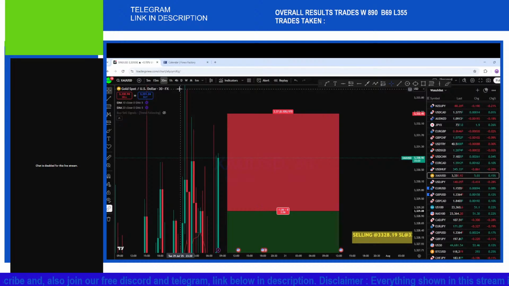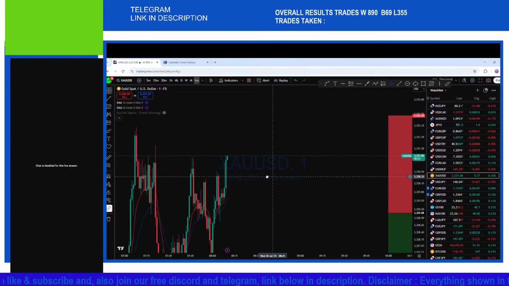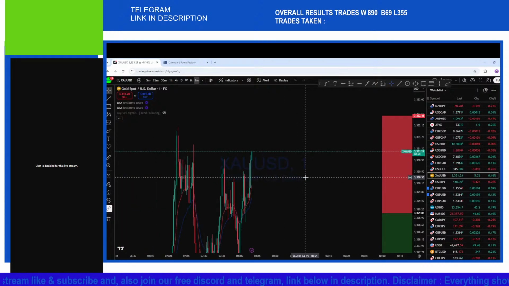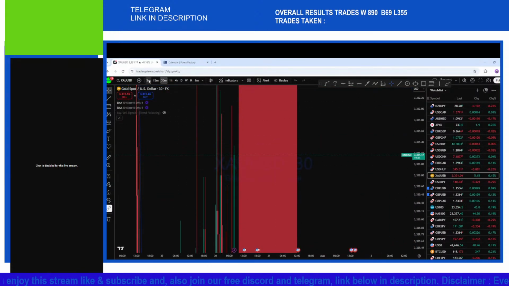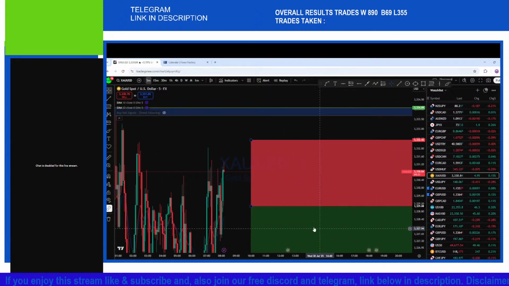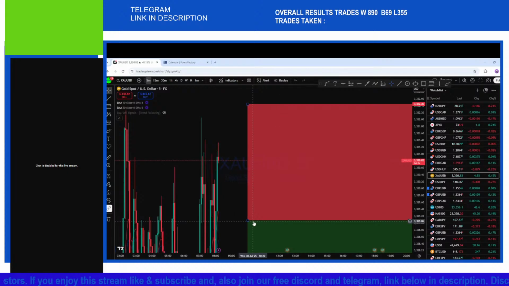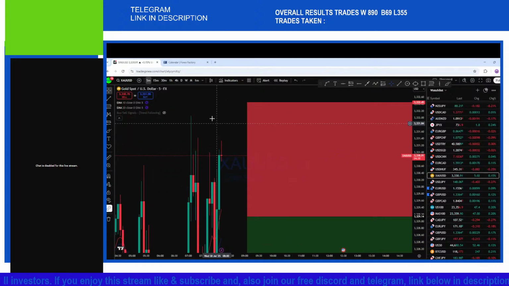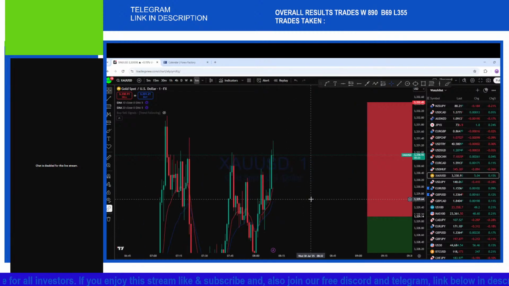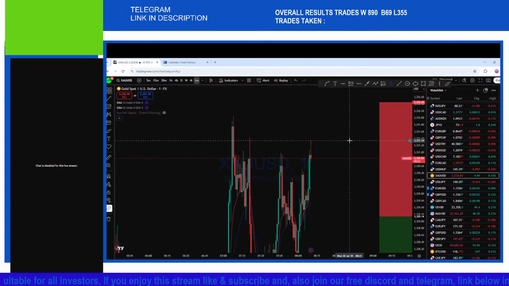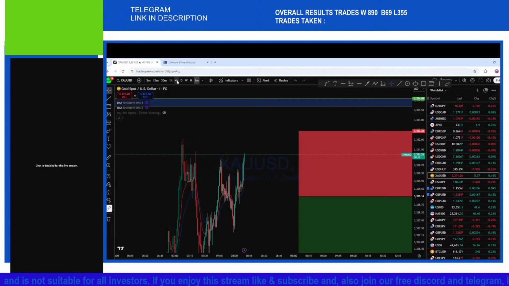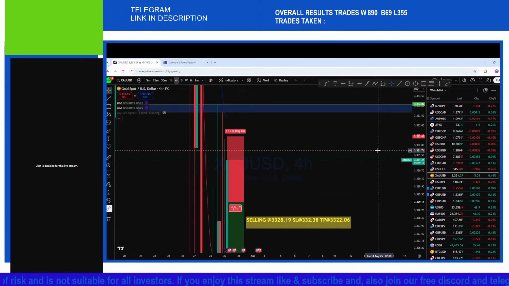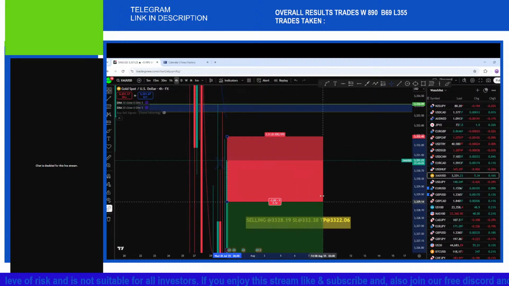Crosses that high, it's at the top here, and might be going to the session's high.